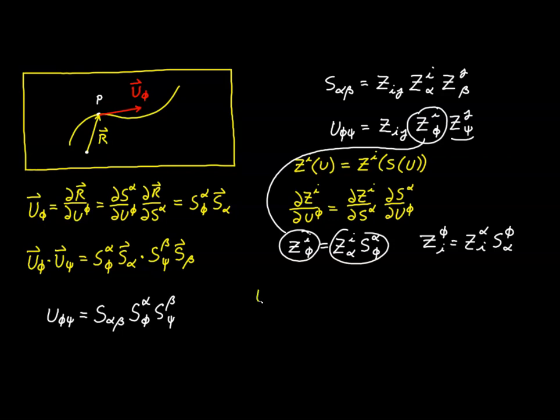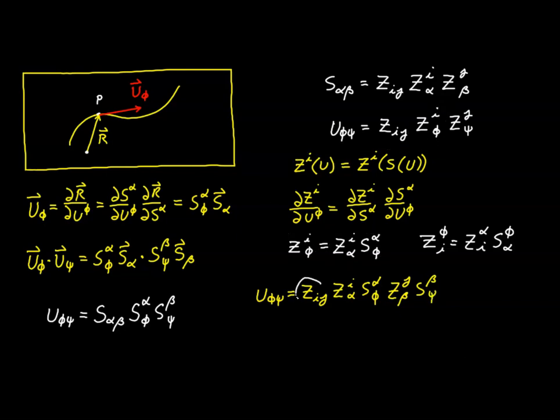Our covariant metric tensor for the curve, u phi psi, is going to be equal to zij times this expression in place of this one. So we'll have z I alpha s alpha phi, and then in place of this one we'll have z j beta times s beta psi. Now observe that this factor times this factor and this factor together are the same as this product right there.